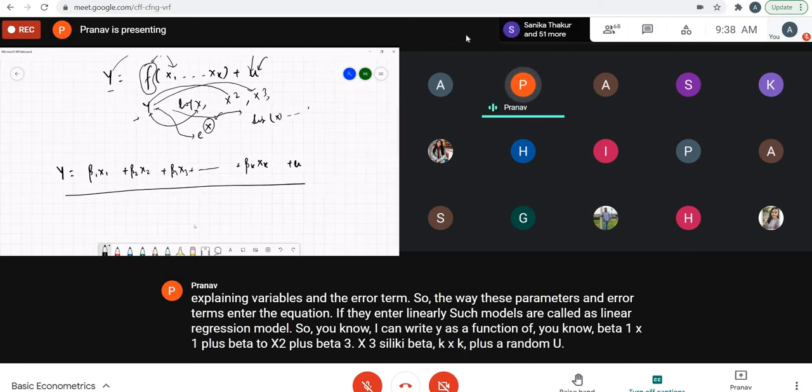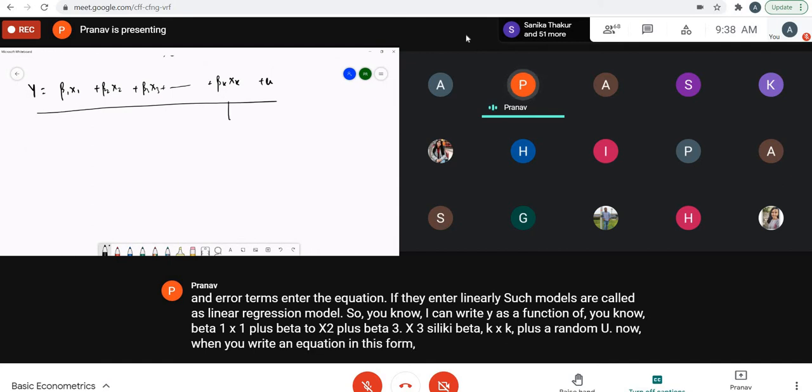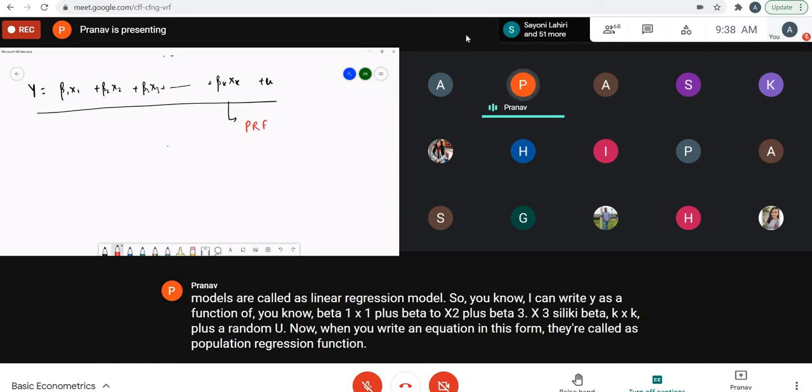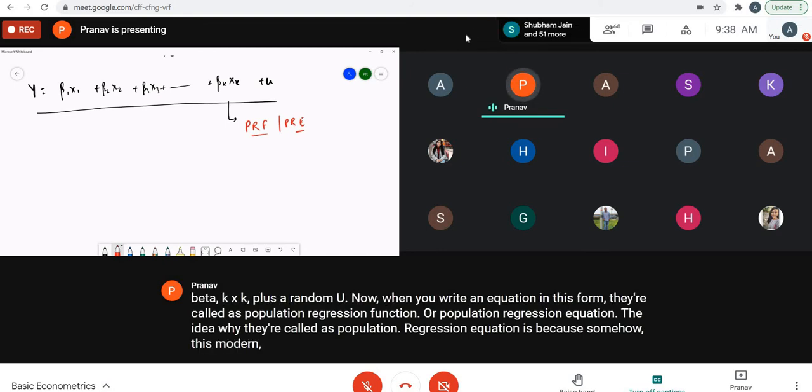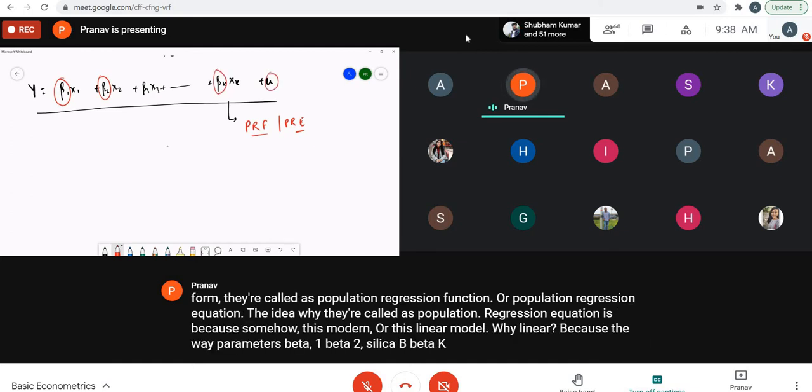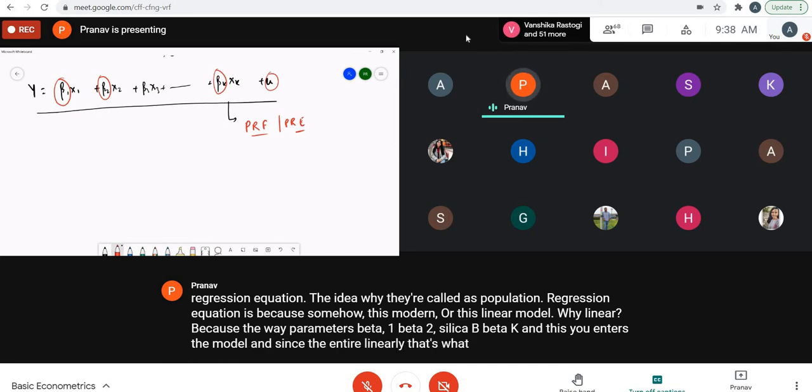Now, when you write an equation in this form, it is called the population regression function or population regression equation. Why linear? Because of the way the parameters beta 1, beta 2 till beta k and this u enter the model. Since they enter linearly, it is called a linear regression model.